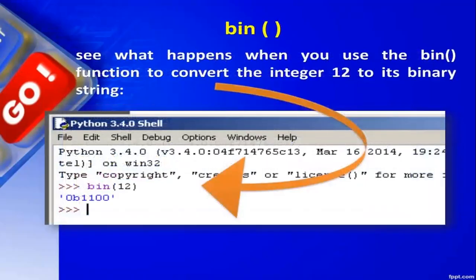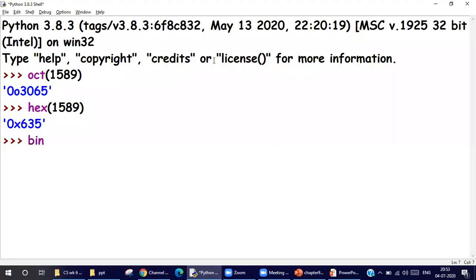And if you want the binary equivalent, you will say bin, and in brackets, you will put the number. You have to ignore the first two. This is a good way to check your homework from the number system chapter that we have done. If you are confused on anything, please come here, use your own Python and check the answers.